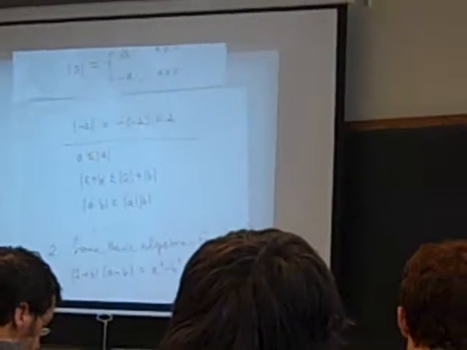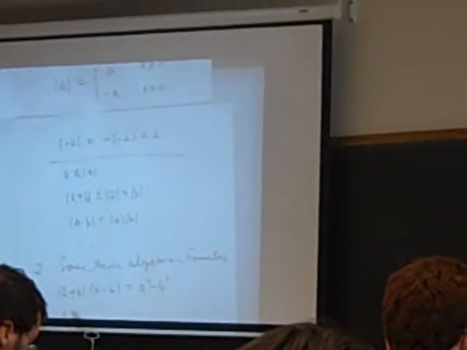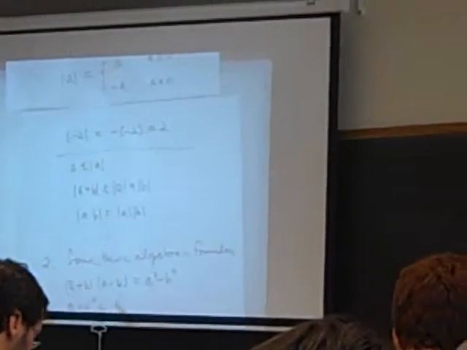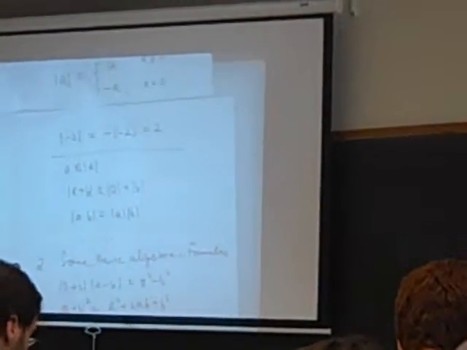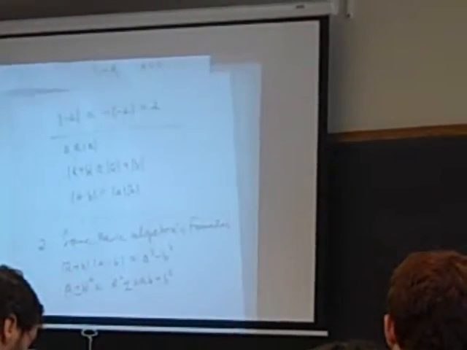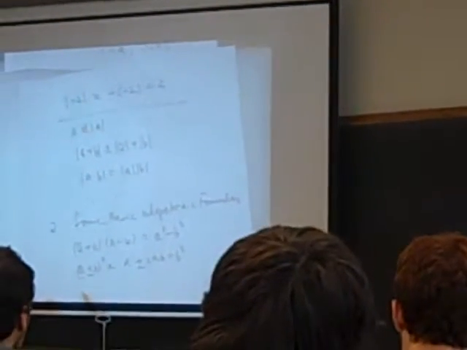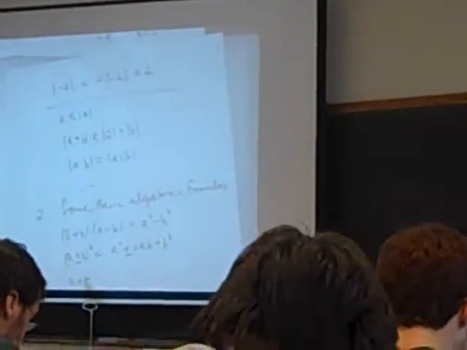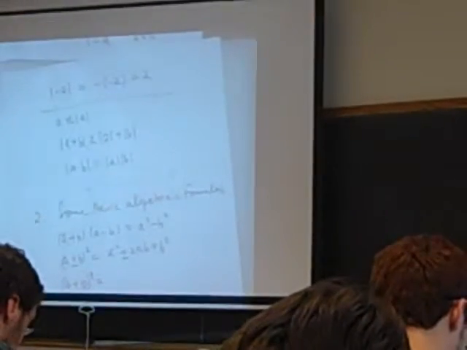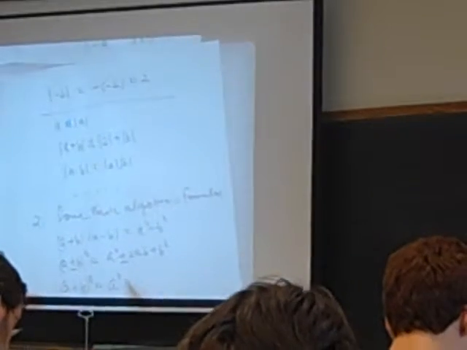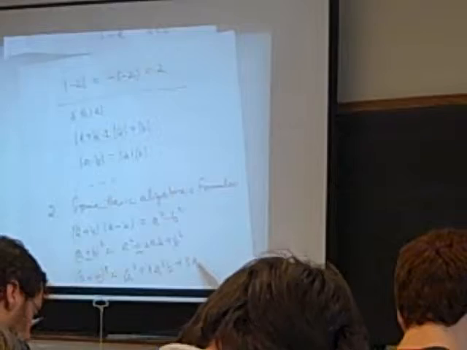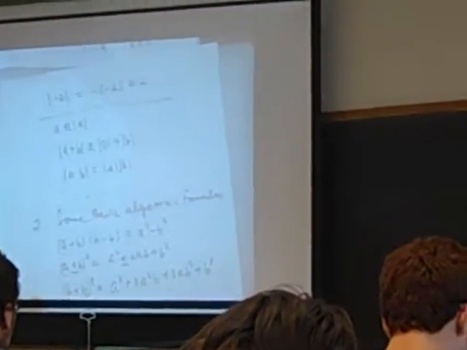Thank you, a squared minus b squared. And also a plus b quantity squared. What about minus? Good. What about a plus b cubed? a cubed plus 3a squared b plus 3ab squared plus b cubed.